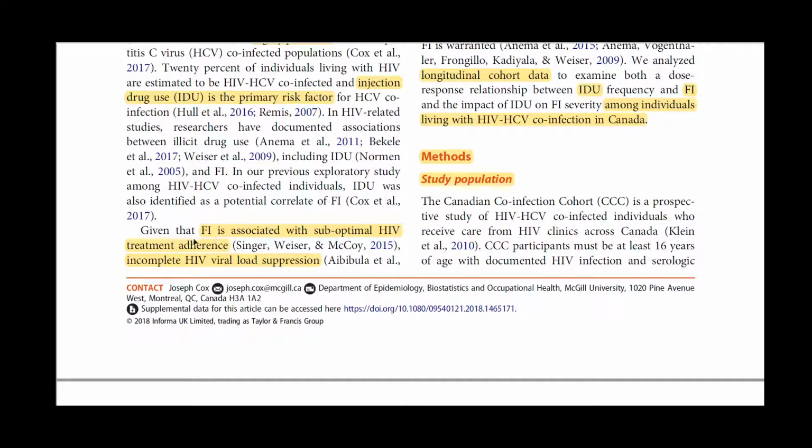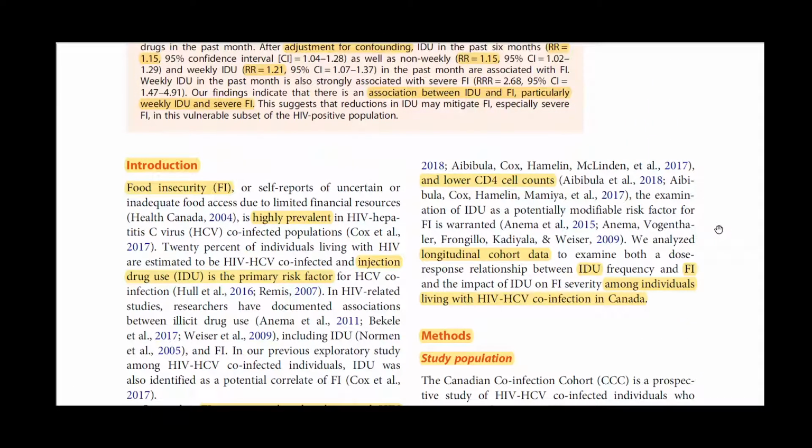We also talk about food insecurity being associated itself with poor outcomes, such as suboptimal HIV treatment adherence, so poor treatment adherence, incomplete HIV viral load suppression, which is something we do not want in the context of HIV infection, and lower CD4 cell counts, which are lower immune cells in the body.